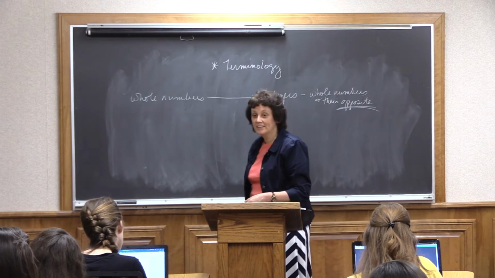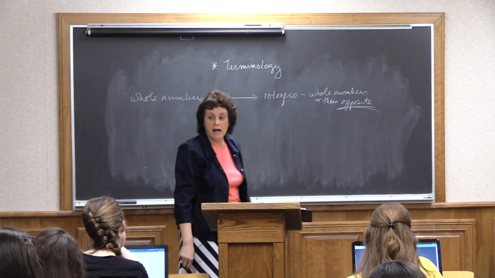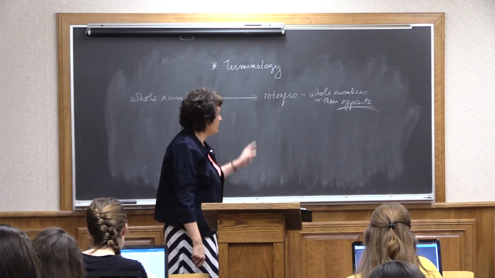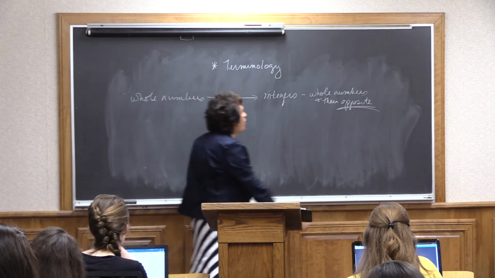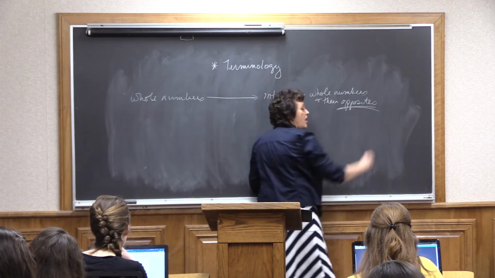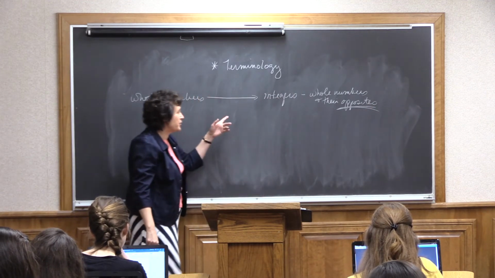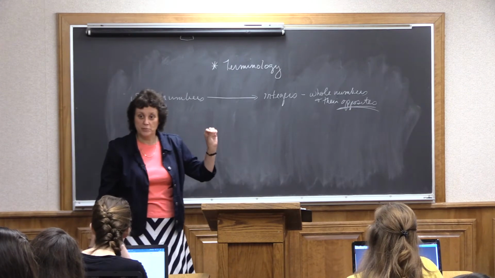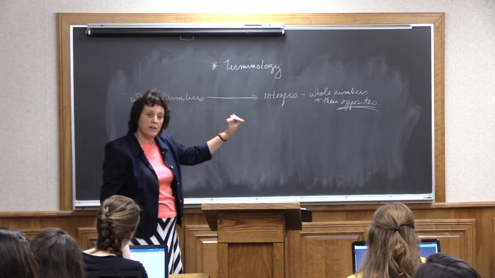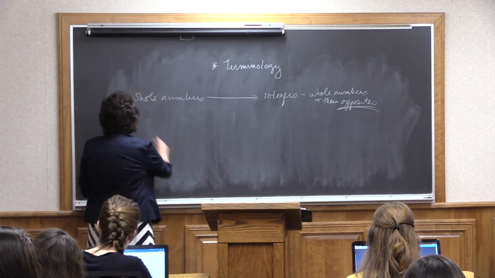That is a term as well, and we'll come back to that. All of our whole numbers and their opposites are integers. So integer is not exactly the same as whole number. It's now replacing whole number.